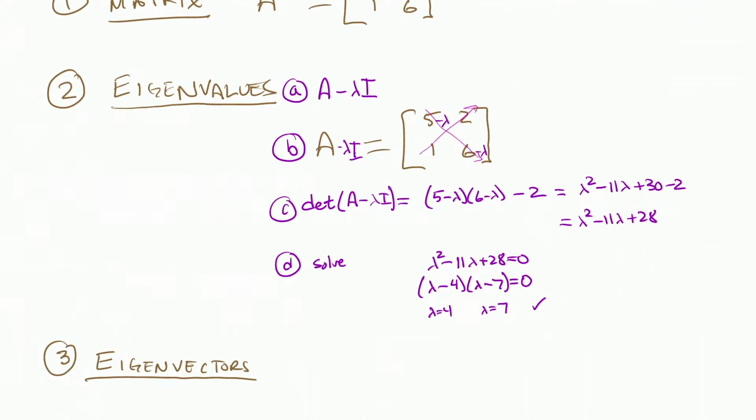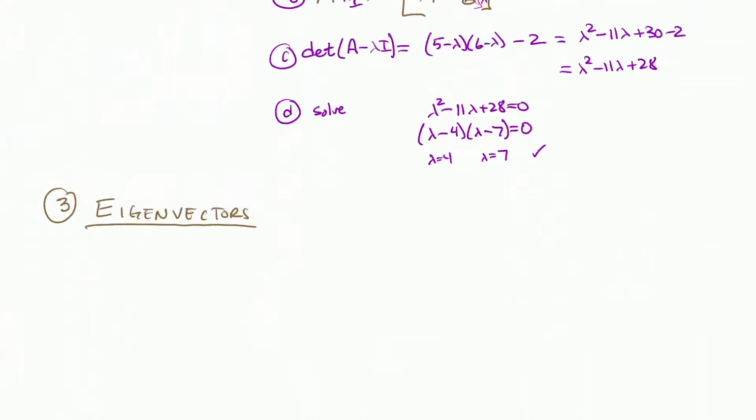Eigen means own, so these are the values owned by the matrix. It's not German for characteristic, but it's the same idea. I've heard it referred to in both ways. The English version is usually characteristic value, a characteristic of the matrix. I love it. So eigenvalue, eigenvector.